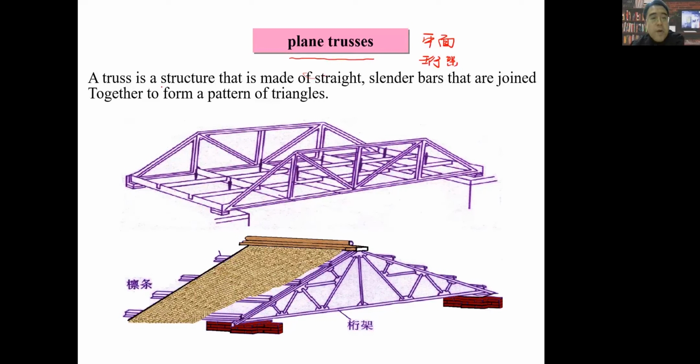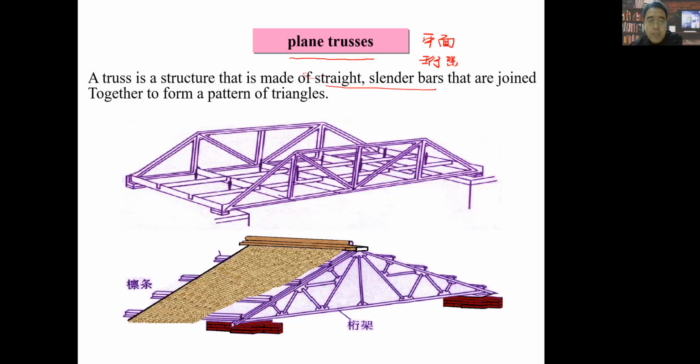A truss is a structure made of straight slender bars. When we look at these, we immediately think all these bars will be two-force bars, joined together to form a pattern of triangles.